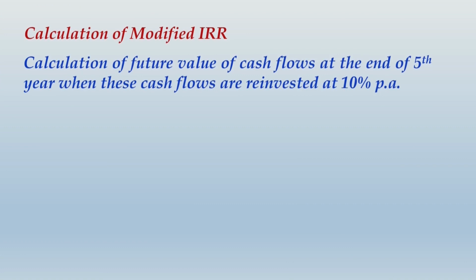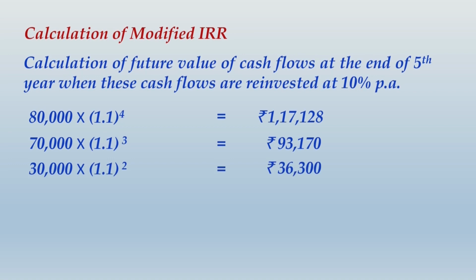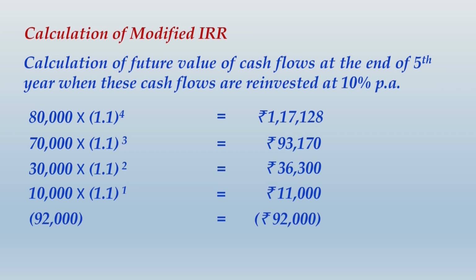Calculation of modified IRR, calculation of future cash flows at the end of 5th year when these cash flows are reinvested at 10% per annum, and you know what you have to do. The first year cash flow 80,000 will be reinvested for 4 years, second year cash flow 70,000 will be reinvested for 3 years, third year cash flow 30,000 will be reinvested for 2 years, fourth year cash flow of 10,000 will be reinvested for 1 year, and fifth year negative cash flow would remain as it is as a negative cash flow.